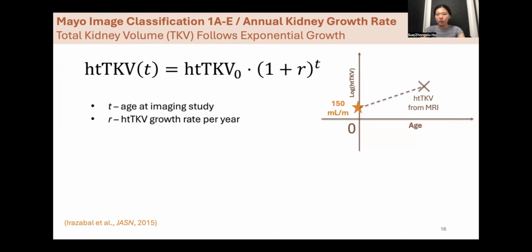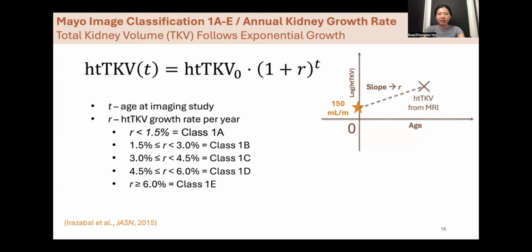By connecting those two dots, we can use the slope of this line to estimate the HtTKV growth rate. And based on this estimated HtTKV growth rate per year, for every 1.5% interval, we are able to characterize ADPKD patients into 5 classes: Class 1A, 1B, 1C, 1D, and 1E. And Class 1C to 1E represent rapid progressors, where tolvaptan was recommended.